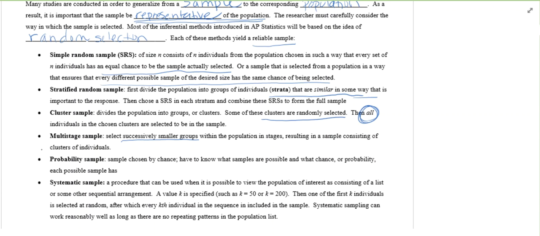Probability sample. Sample chosen by chance. You have to know the samples that are possible and at what chance or probability. Each possible sample, that's not a complete thought. Each possible sample has. So probability samples, so if we were going to select the departments, for example, say we want to randomly select 5 teachers. And so what we're going to do is look at the sizes of the departments. So math has one of the bigger departments. I think we have 17 math teachers, if that's right.